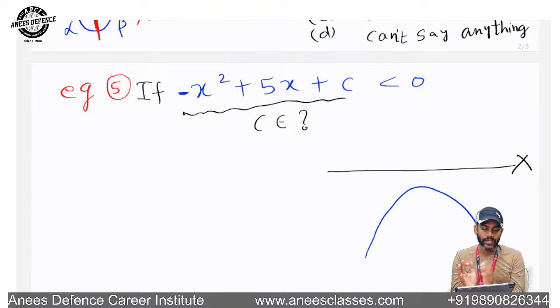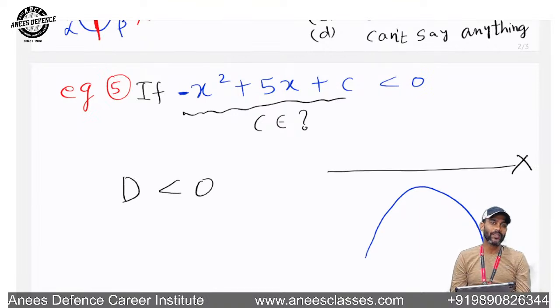Since the whole function is negative, it means it is not cutting the axis. It means the roots will not be real, so d is less than 0. I hope it is clear.